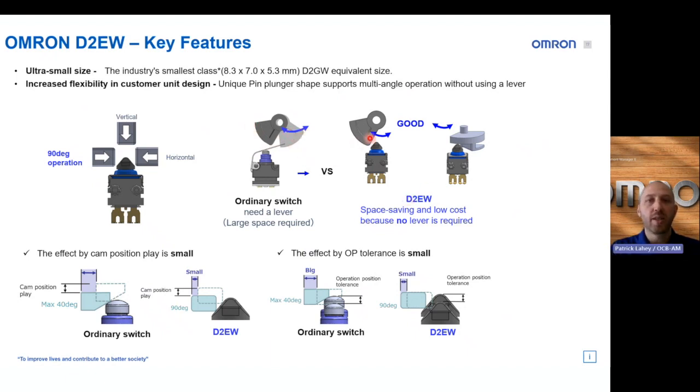Whereas with the D2EW, yes, you can use the cam, but you don't need to interact with a lever. So you don't need to offset it in a way that it has to hit the lever. You can put it almost directly on top of the switch or right next to it, and then provide just that little easy motion to activate it.